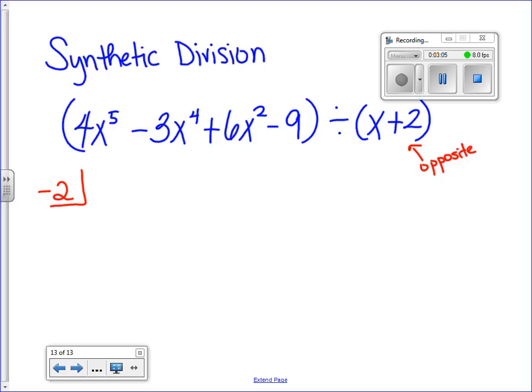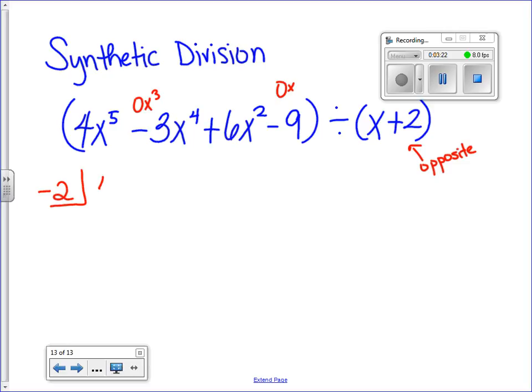Now, what do you notice? I've done this on purpose. There's no x to the third, and there's no x. Those still have to be put in there. You can't skip them. You don't write the x's. You just write the coefficients.